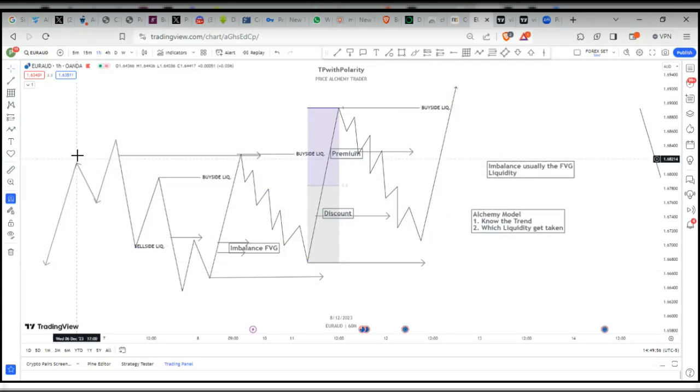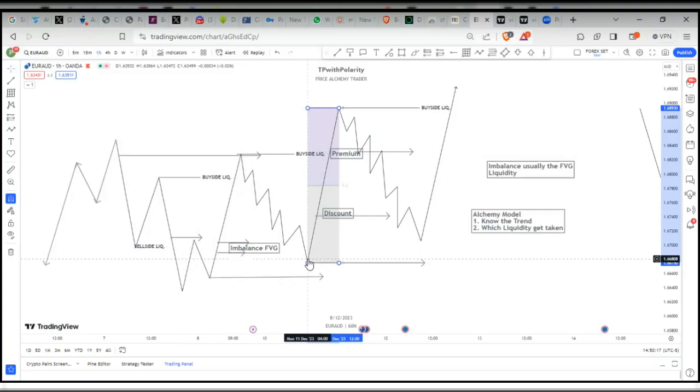Okay, once the market takes out a liquidity, you expect it to trade into an imbalance before continuation. Market takes out a buy side liquidity, you expect it to trade right into the imbalance. If this imbalance holds, the market sometimes might take out the liquidity and still continue to trend.